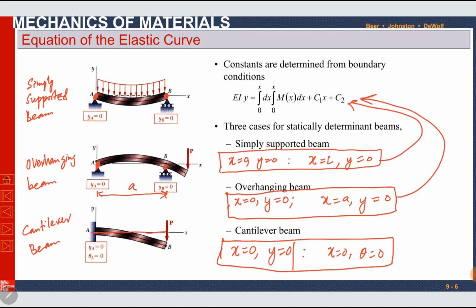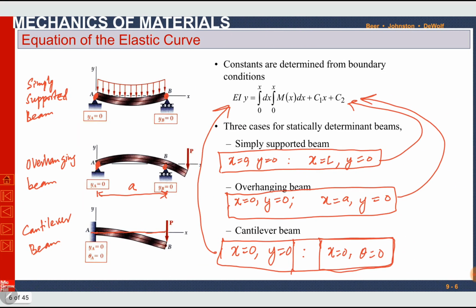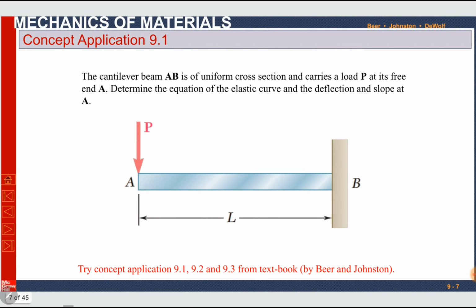So this one can be inserted into the expression of y, but the other should be used with the expression of theta on the previous slide. So by using boundary conditions for any kind of beam, we can calculate the unknown constants C1 and C2. How we will do it, we will see in our example problems on the next slide.